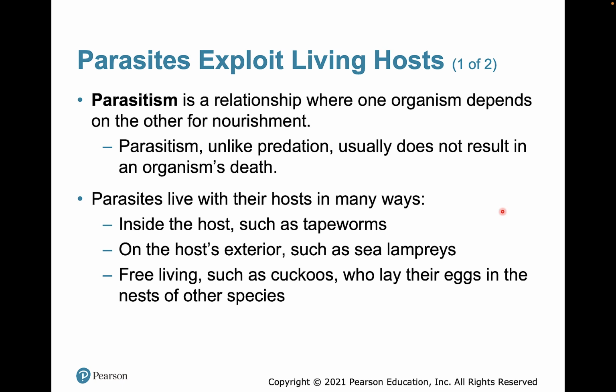So parasites can either live inside the host, or on the host, like tapeworms and lampreys, or they can be free living. Cuckoos and brown-headed cowbirds will lay their eggs in host species' nests, typically songbird nests, and the babies of these birds hatch earlier. They have a smaller incubation period, and they're bigger, and they're definitely more aggressive.